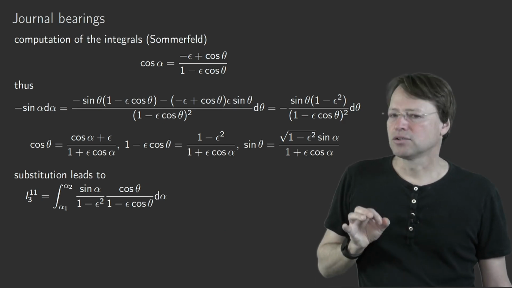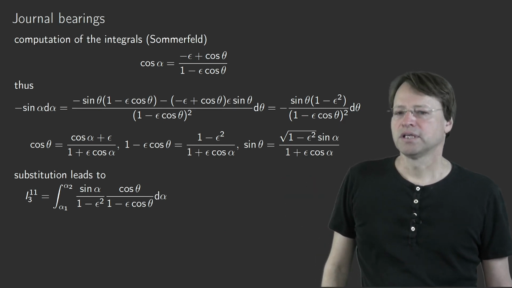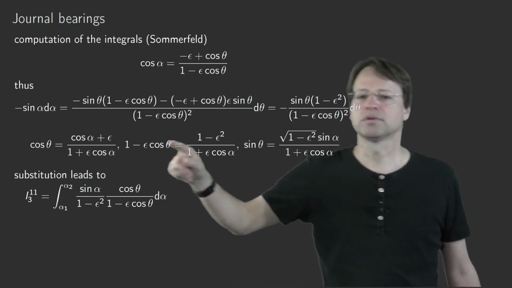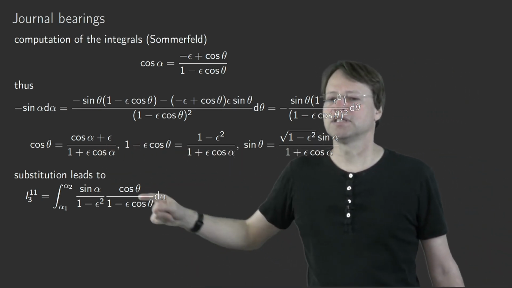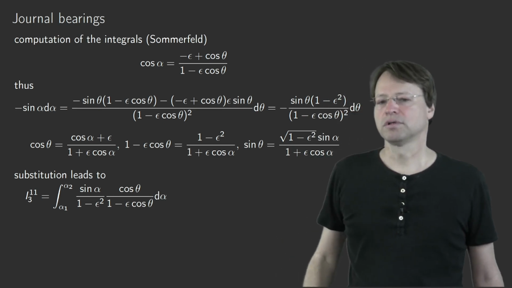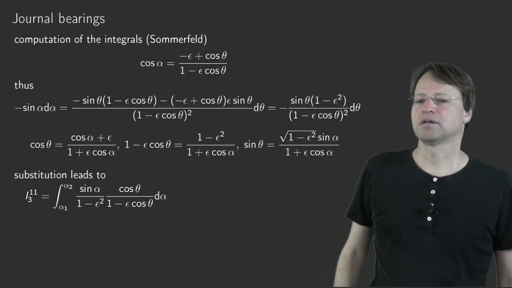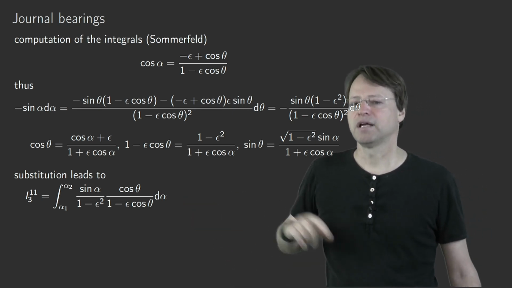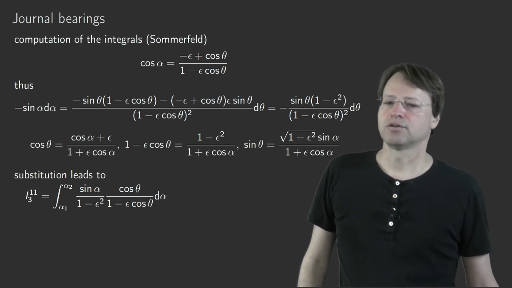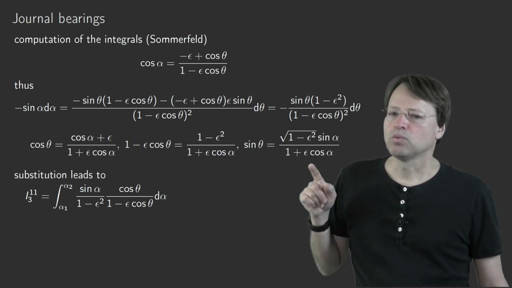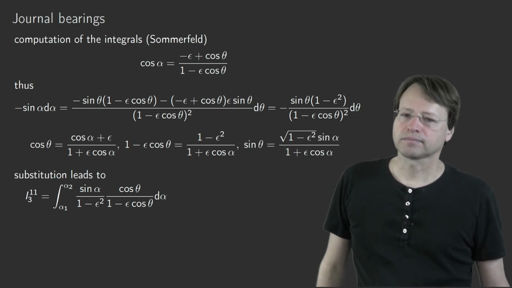You see that this is not the end, because this is the mixed expression, and that's why we had to compute these values here. There is a sine alpha, which is good, but we still have the cosine theta and the 1 minus epsilon cosine theta, and we want to replace them by terms that include the angle alpha. Now there's one important thing.